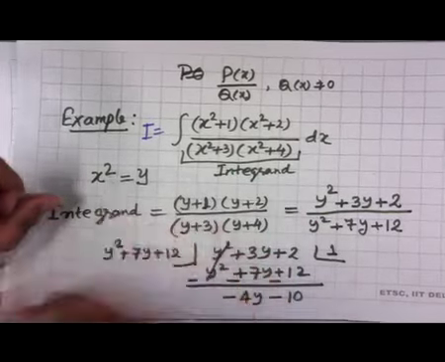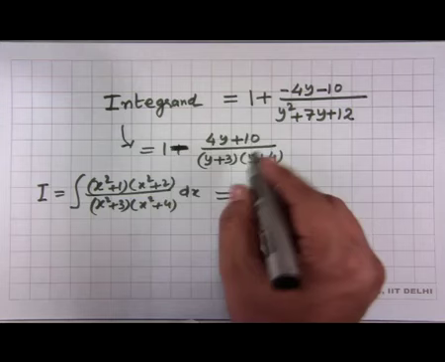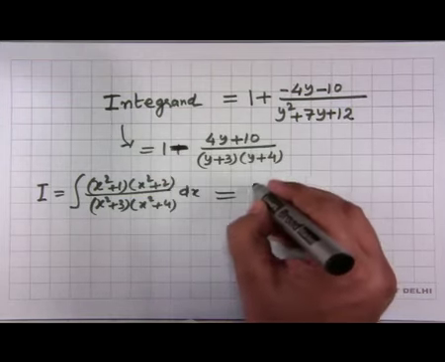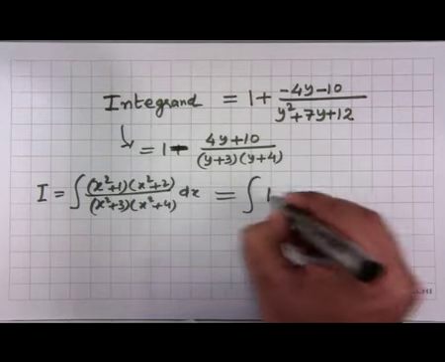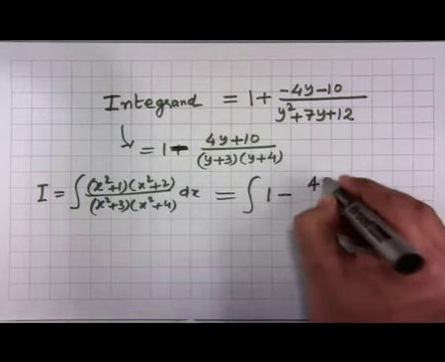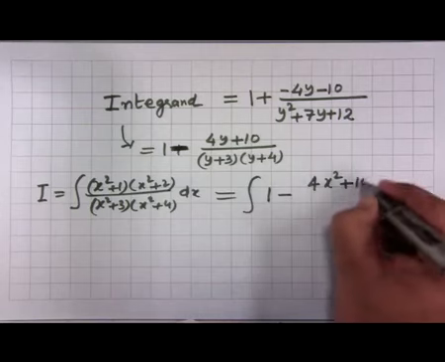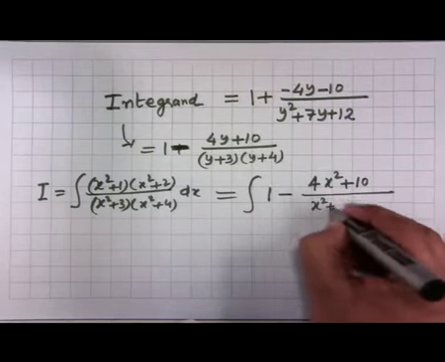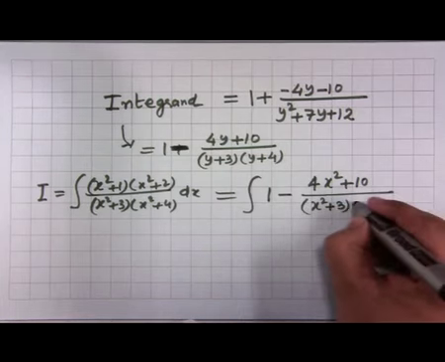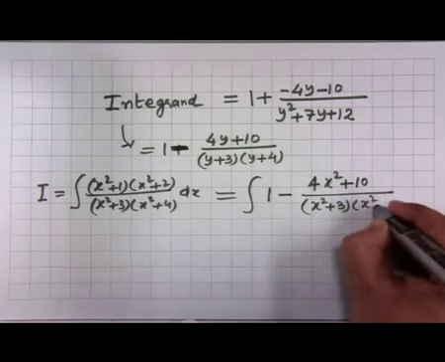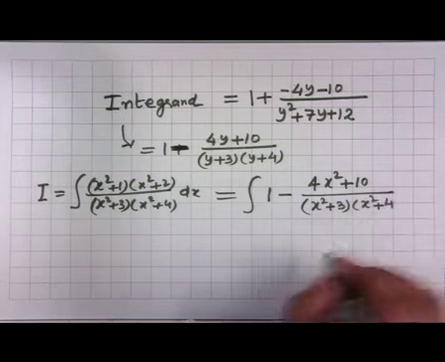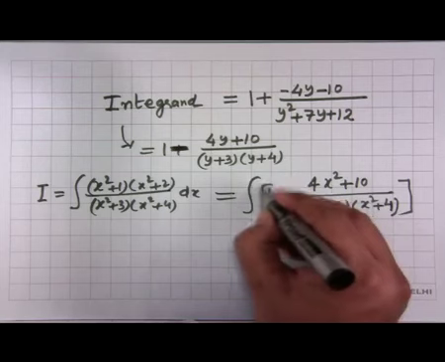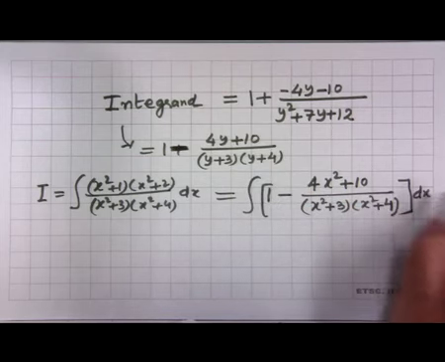Therefore, let us go back in order to write that integral. In this integrand, replace y by x square. So, this will be equal to 1 minus 4 x square plus 10 divided by x square plus 3 and x square plus 4, dx.